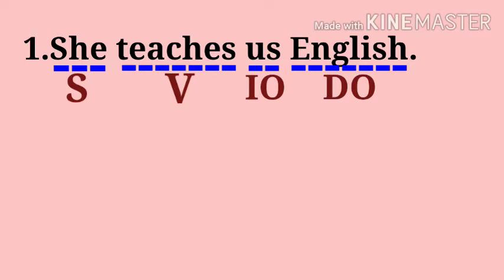Understand? Now see, while turning this sentence into passive construction, you can start either from the direct object or from the indirect object. First of all, we will see how to change this given sentence into passive construction while starting our answer with the direct object.